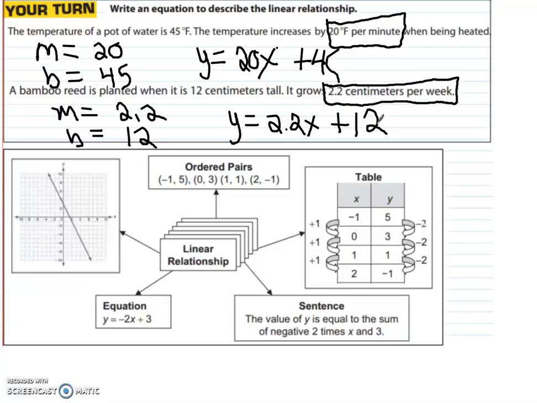All right, so let's look down at the bottom. At the bottom, it has the equation, it has the graph, and it has the table. If you remember what we did yesterday with the table, the change in y over the change in x. The change was -2 over +1, which is -2. The y-intercept, or when x is 0, is 3.